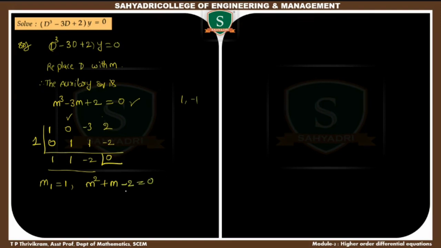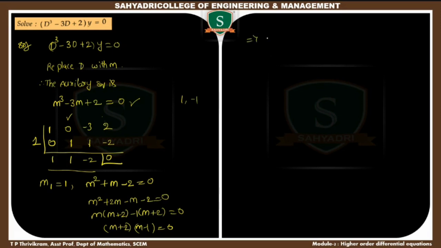Solve this quadratic equation. The middle term should be 1, so the roots of 2 are 2 and 1. So m square plus 2m minus m minus 2 equal to 0. m into m plus 2 minus 1 into m plus 2, so m plus 2 into m minus 1 equal to 0.